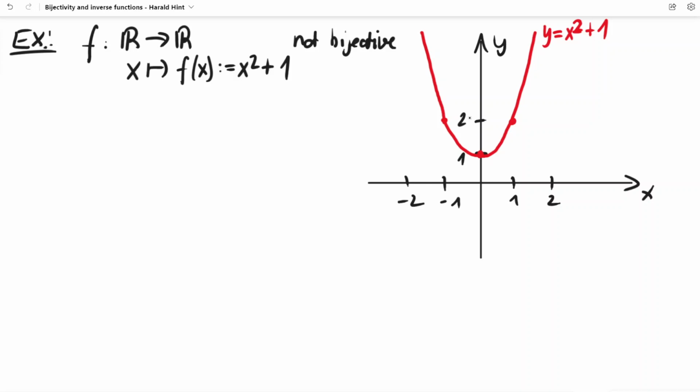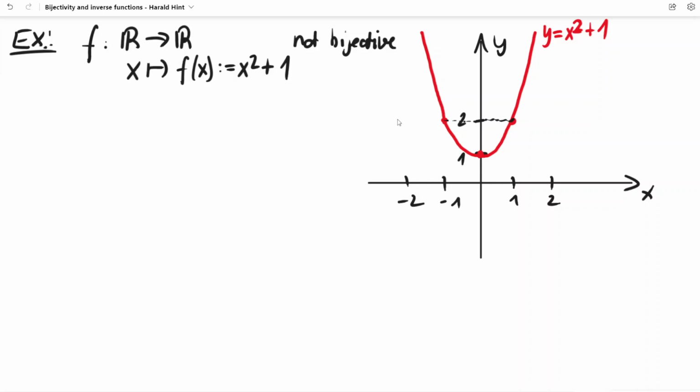Here, for example, if you choose a y value, you have two x values. For one y value, you have x value 1 and x value minus 1. It's not a one-to-one mapping.